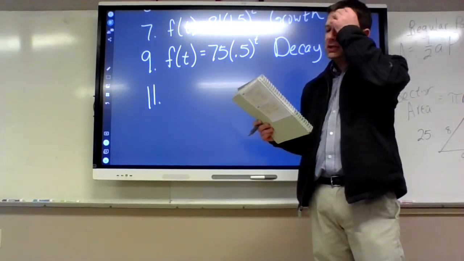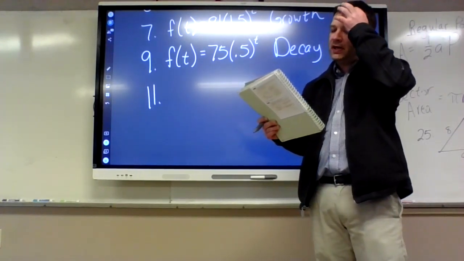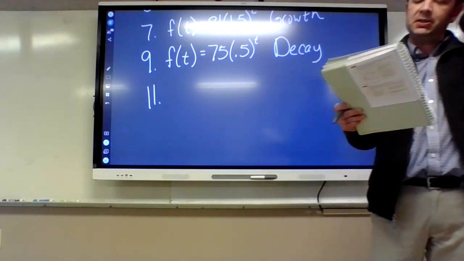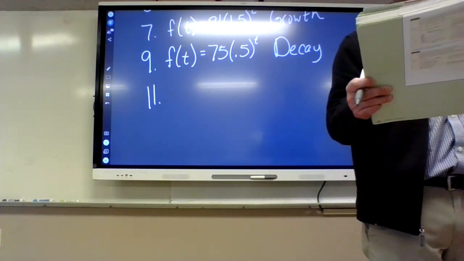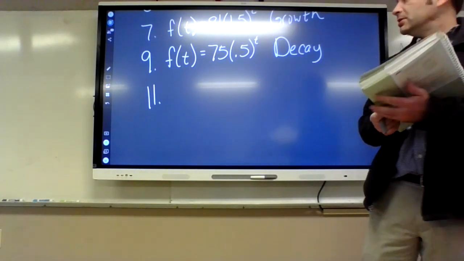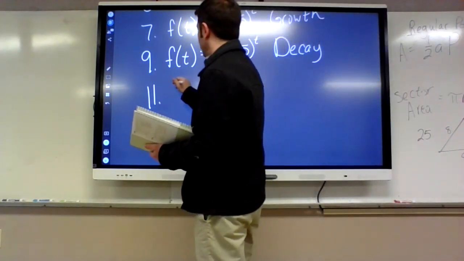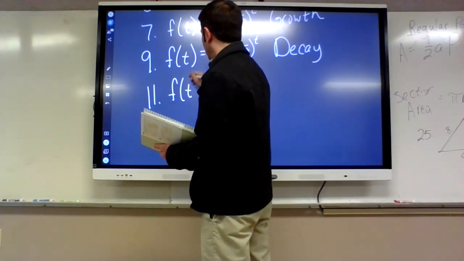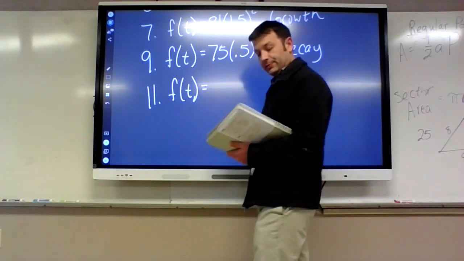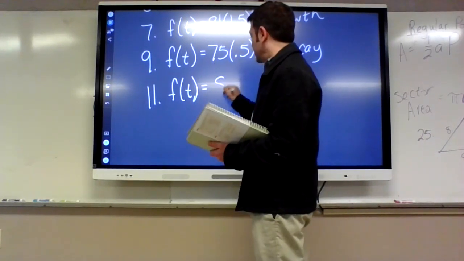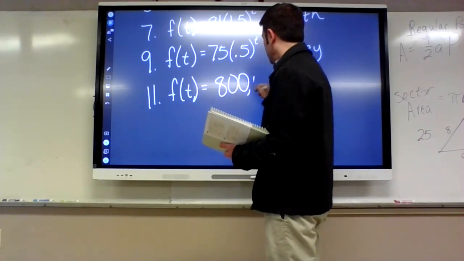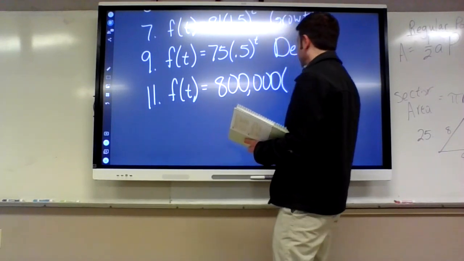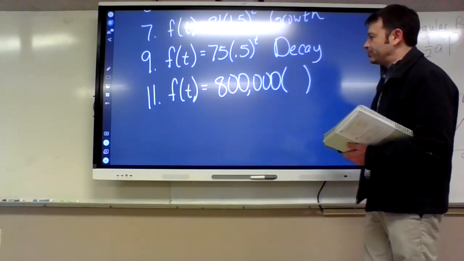Number 11 says, this year's annual sales of $800,000 are projected to decrease by 10% each year. So we're gonna basically do the same thing we've been doing. What is the initial amount on 11? 800,000. Okay. Now the real question is what goes in parentheses.